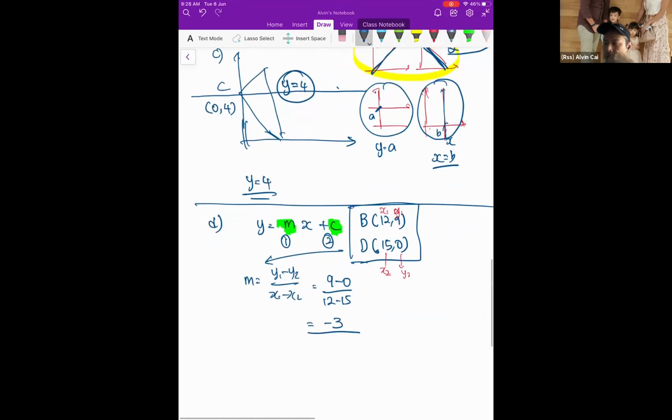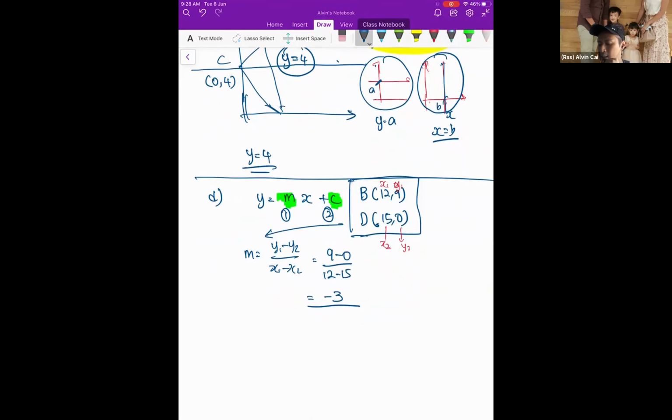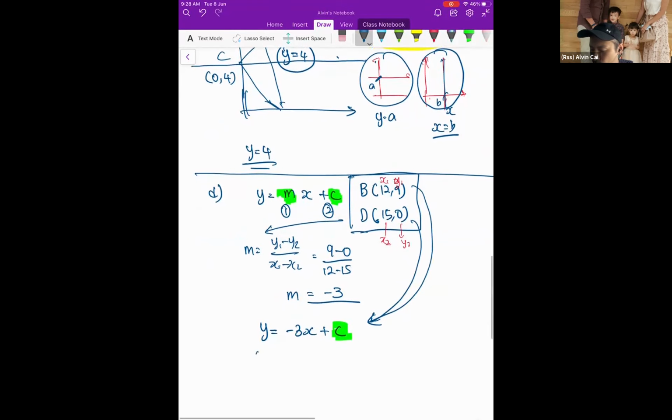Okay, so we got one part already, 50% done. After we got the gradient, I sub in the gradient: y equals minus 3x plus c. So I still have one more, c, to solve. How do we solve it? We can sub in any coordinate, either the B coordinate or the D coordinate. Since D is easier because there's a 0 there, I sub in D. So for D, y is 0 and x is 15.